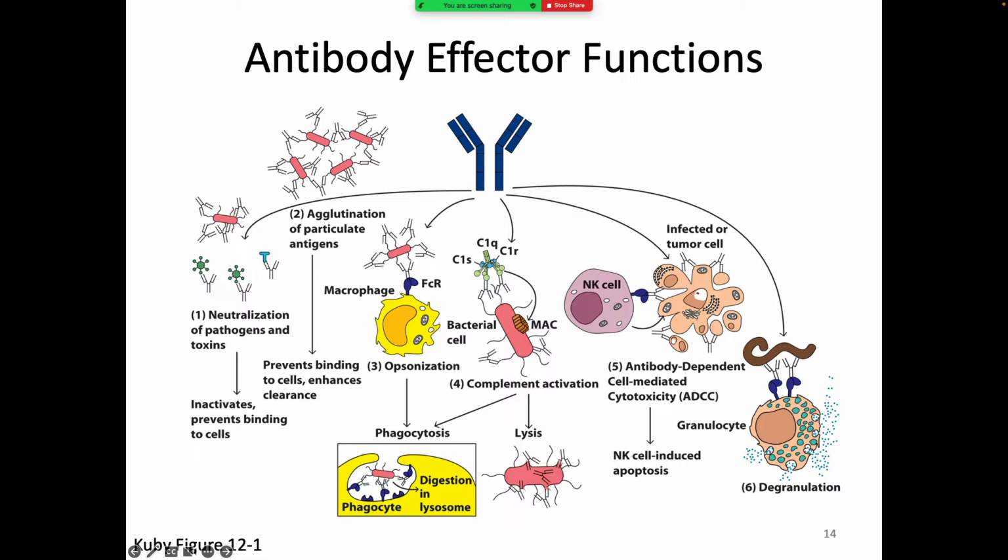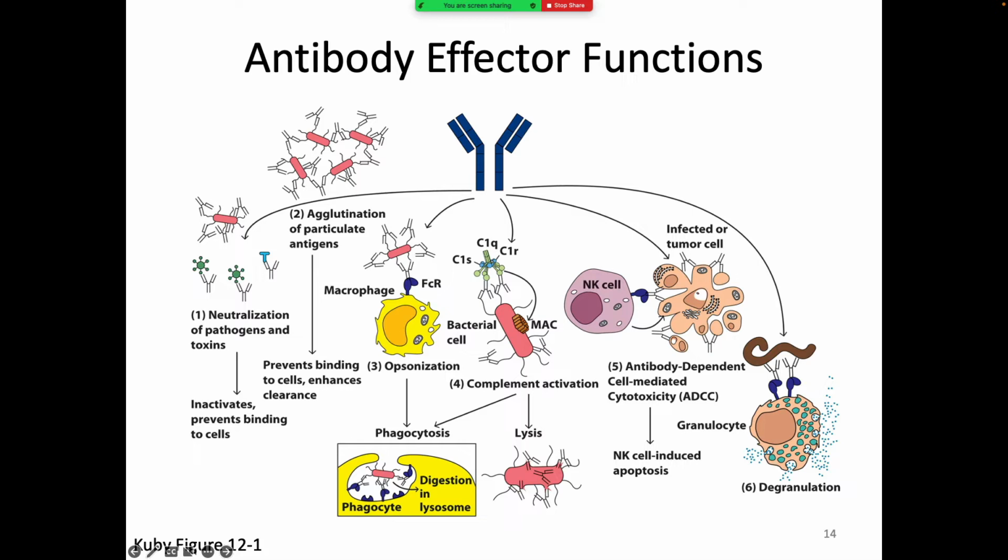I'm good with 6. So that's what we're going to talk about right now. Happily for you, as we talk about the 6 functions of antibodies, you will realize that some of them already sound like things we've heard about this semester, so some of them are going to seem familiar to you.